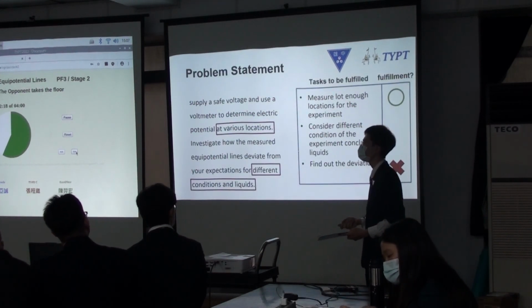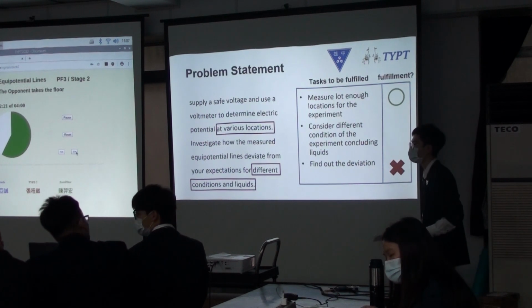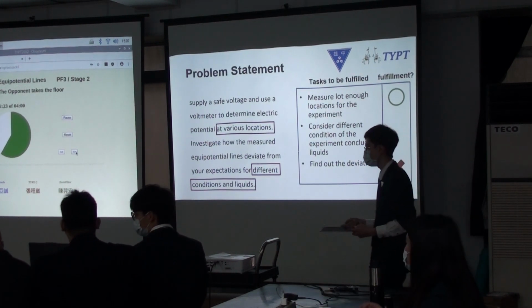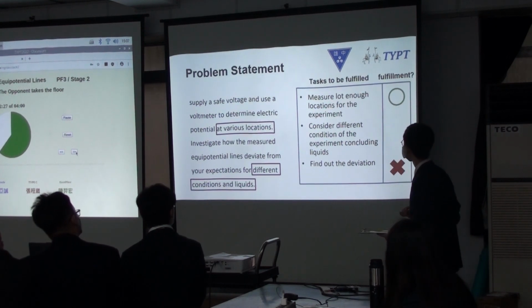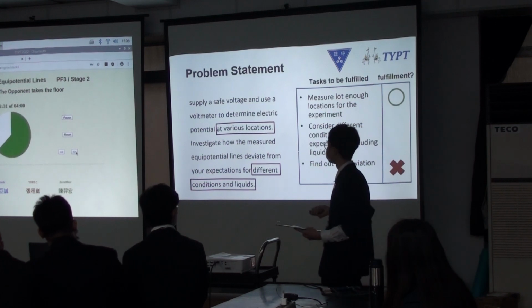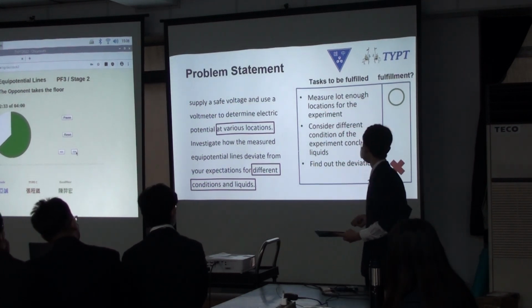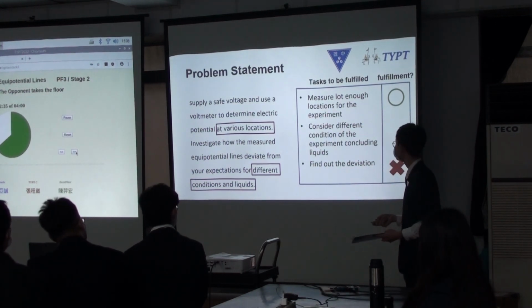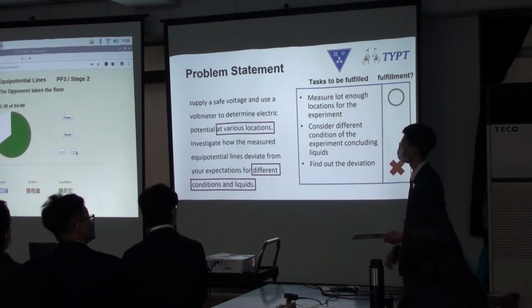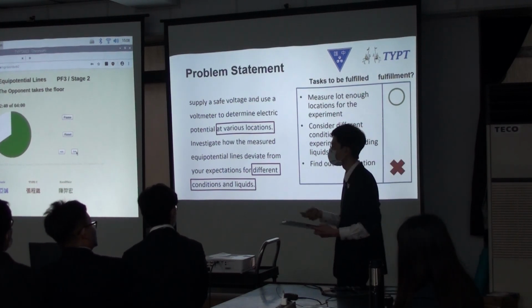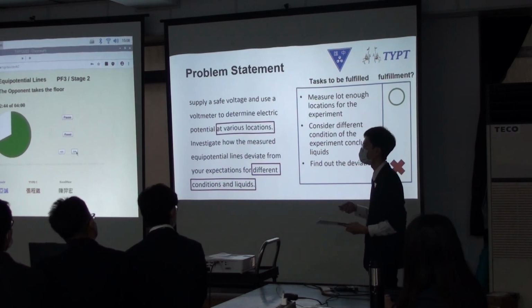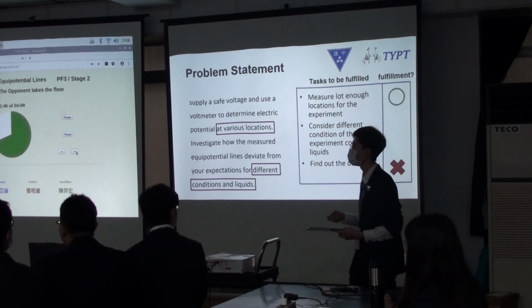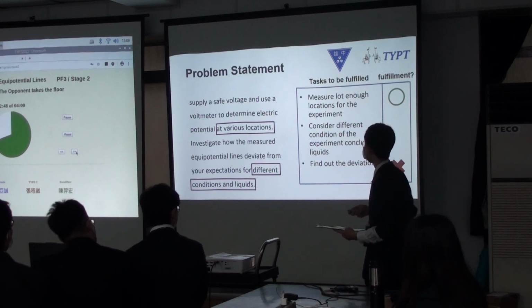And now I would like to take a look back at the problem statement and see how the task was fulfilled. The first task item was to measure the potential at a lot of locations for the experiment, which I think the reporter did a great job on. And second, consider different conditions for the experiments, including liquids. And I think the reporter experimented with, for example, alcohol and alcohol with NaCl.